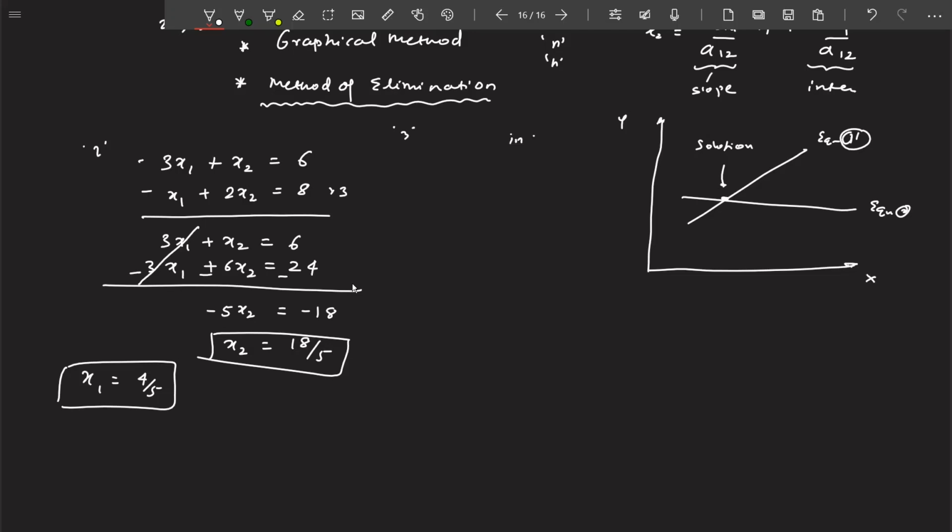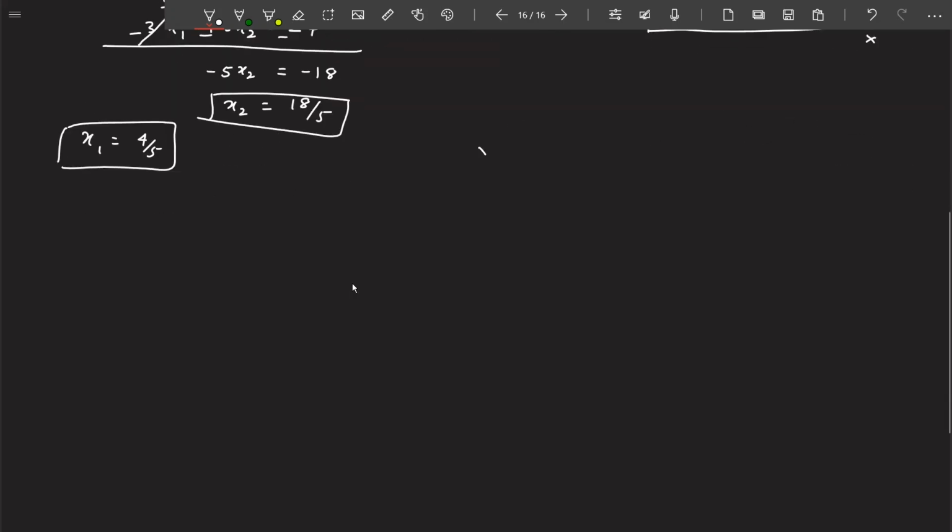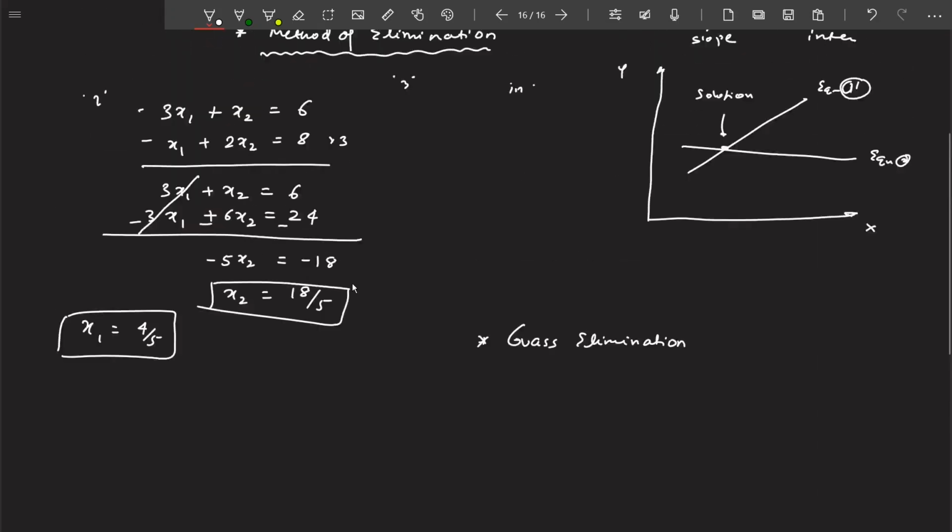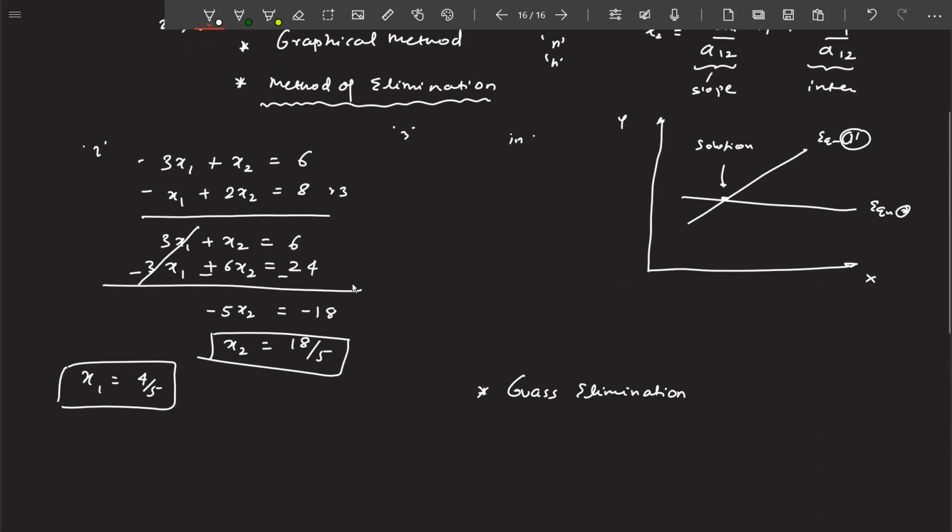That method is known as Gauss elimination. Okay, so basically this is what we are going to do, but it is going to be even more systematic, and we are going to write down the method such that we should be able to adapt it for computers.